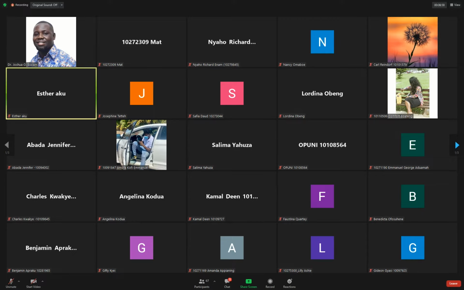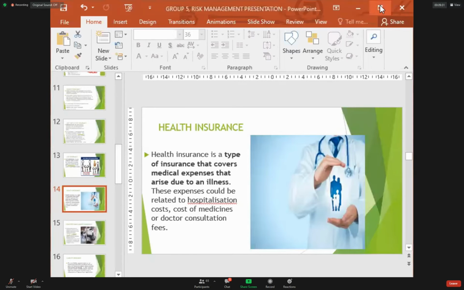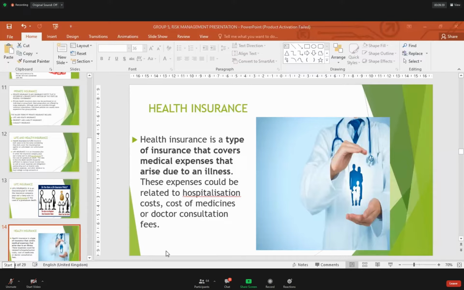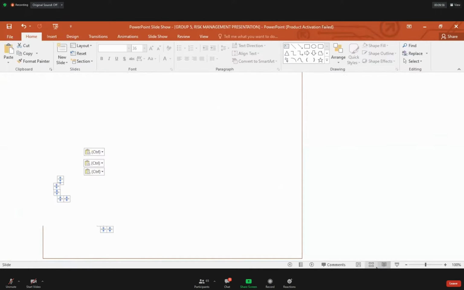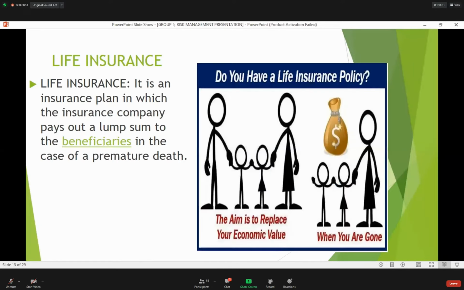Which group is this? Group 6 is Emmanuel and Vanessa. No, this is group 5. Priscilla and Charles, you are group 5, yes, sir. Okay. Thank you very much, sir.